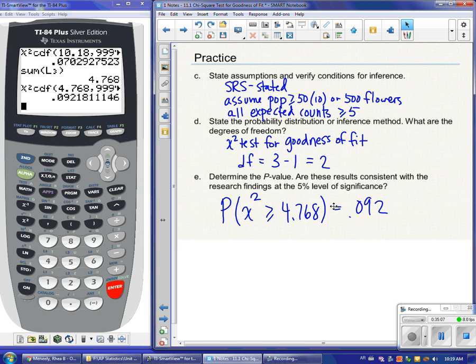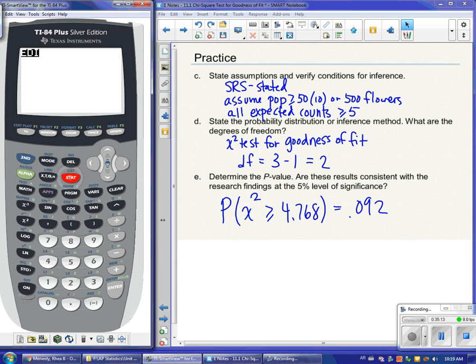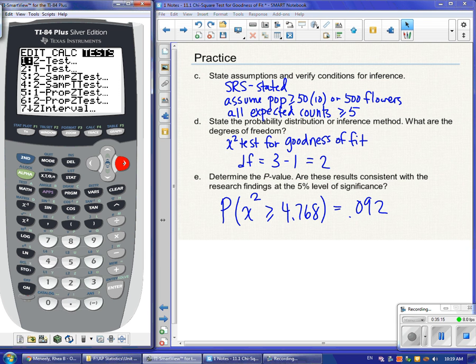I do want to show you, if you have a new TI-84 Plus, if you go into your test menu and scroll down past your Z and intervals, you should see a chi-square test, a chi-square GOF test, and then you'll see some other tests, like an F test, that we're not going to use in this class.